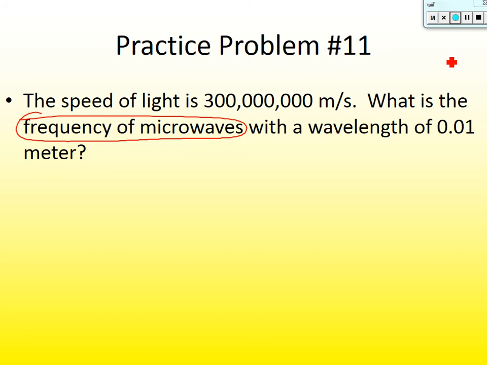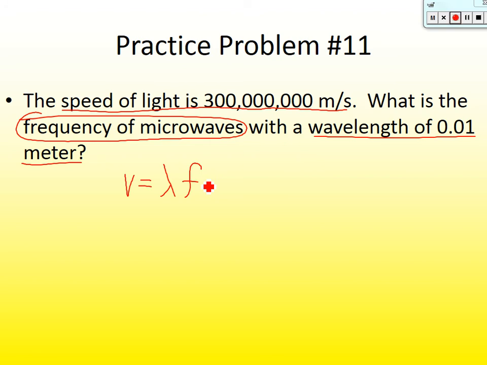Okay, let's see how you did. Hopefully you have an answer at this point. It's giving us the speed of light, which is the speed of microwaves. It's given us the wavelength of the microwaves. And it's asking us for the frequency. So I would write that equation down. The speed of a wave, the velocity, is equal to wavelength times frequency.